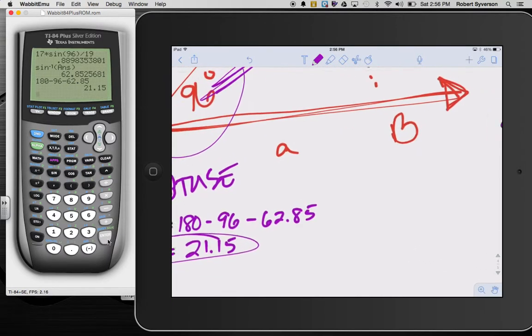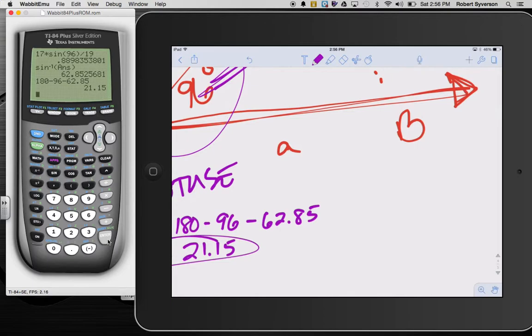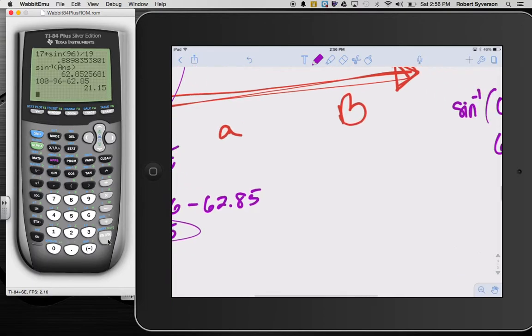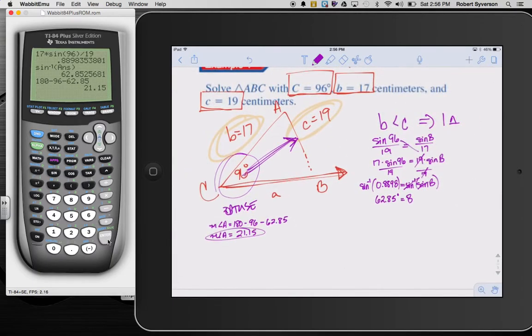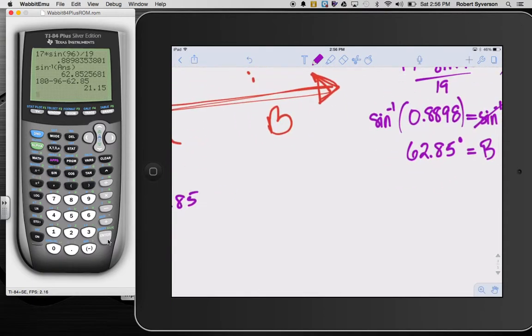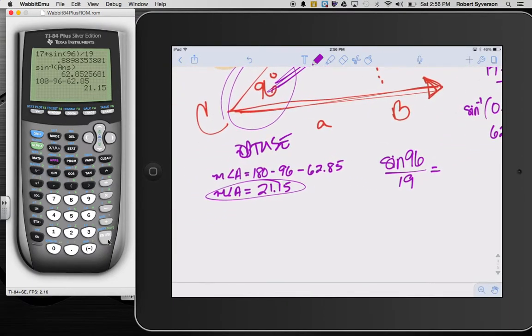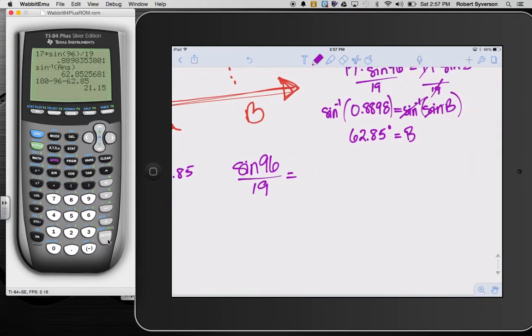All right, cool. So we found that next piece. Now let's find the last piece, which is side A. All right, cool. So the measure of side A, I'm going to do, once again, going back to my original angle side pair with C. So I'm going to say the sine of 96 over 19 is equal to, now in this case I'm going with A, so the sine of 21.15 over whatever A is.